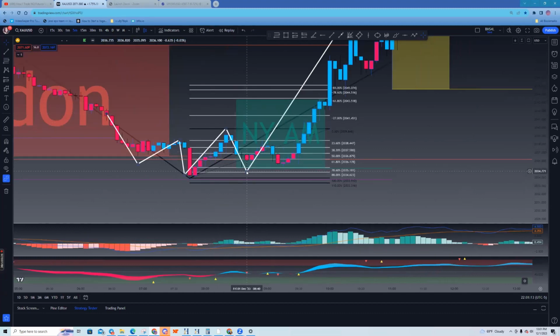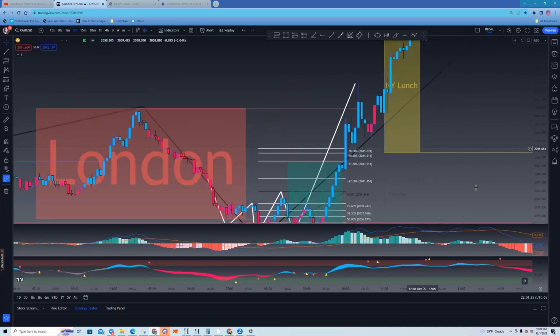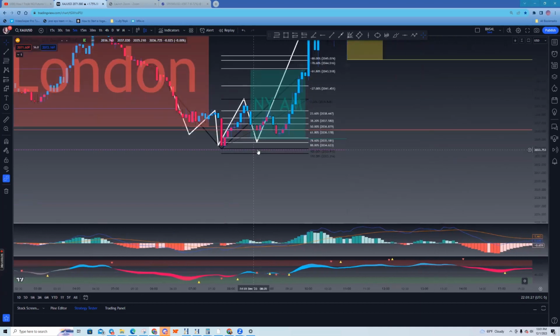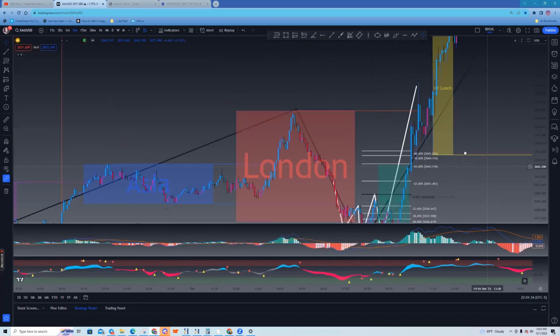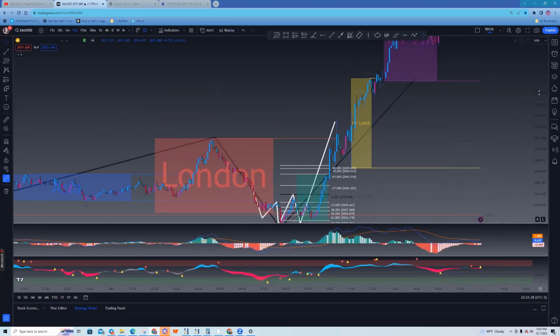You got the best entry of the session because you saw the pattern. 88. Your stop loss is so small right here, so small, and you took off for the rest of the day. No worries.